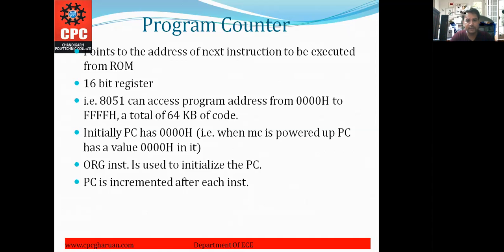Initially, program counter has 0000H. When microcontroller is powered up, program counter has a value of 0000H in it. ORG instruction is used to initialize the program counter. Program counter is incremented after each instruction.